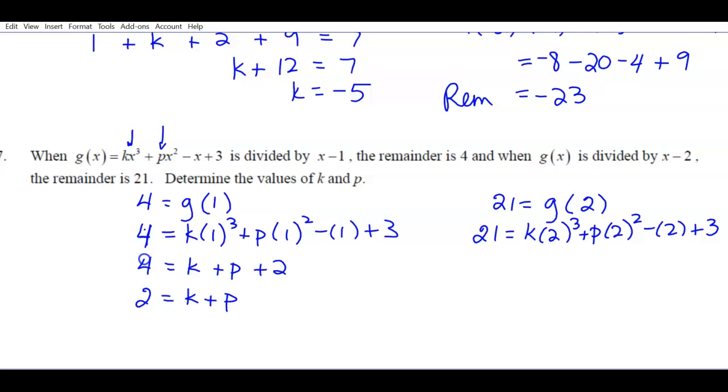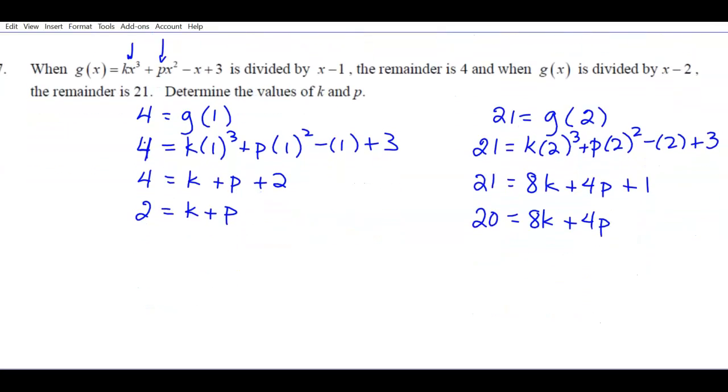I'm just going to get the k's and p's on one side. Divide by 4.